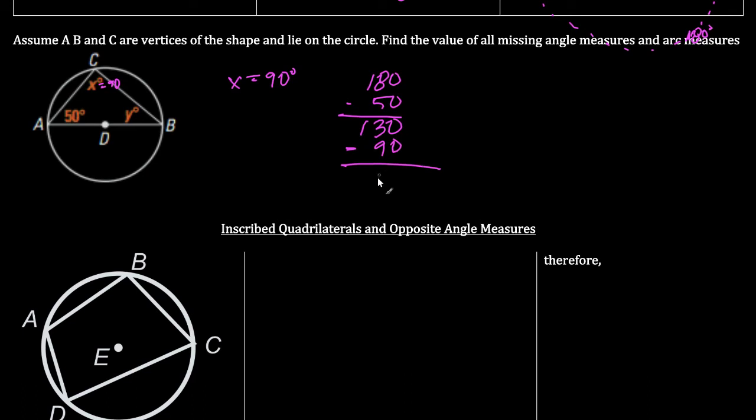And what you have is 40 degrees. Now let's check it just to make sure. We have 50 degrees, 40 degrees, and 90 degrees. So 90 plus 90 gives us 180. So that's correct. So y is 40 degrees. Easy enough.